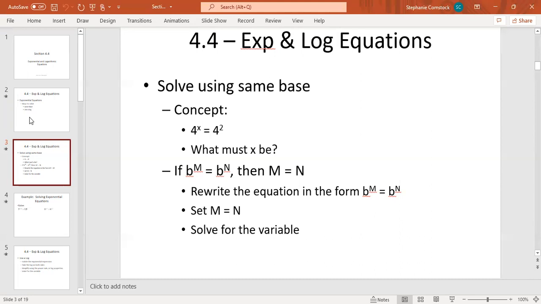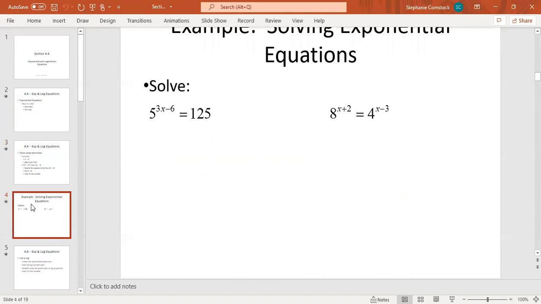We don't really take small things and send them up higher. So, for example, looking at this first one, we've got 5 to the 3x minus 6 equals 125. I'm going to swap over to our whiteboard.